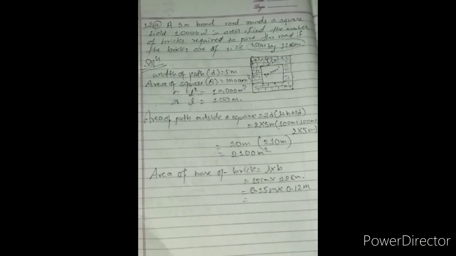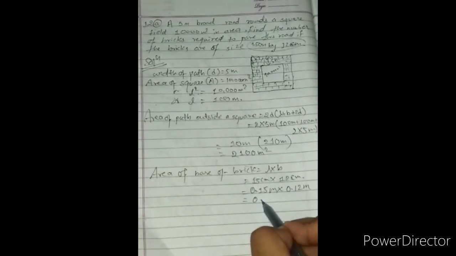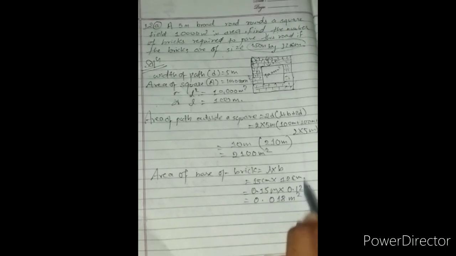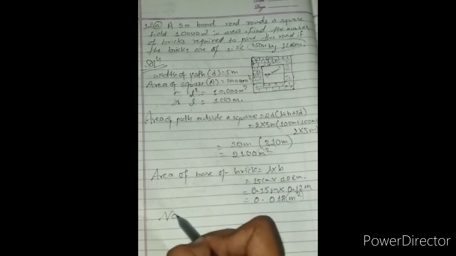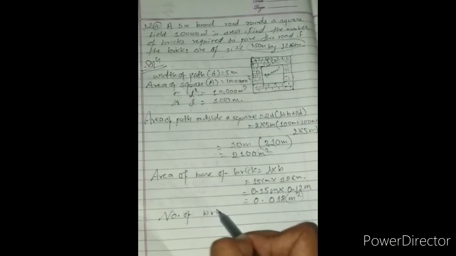Now let's multiply this. 0.15 into 0.12, 0.018 meter square. Now both should be in the same unit. If you make this centimeter square and the other is in meter square, we will not get the number. Now after getting both areas, we can find the number of bricks.